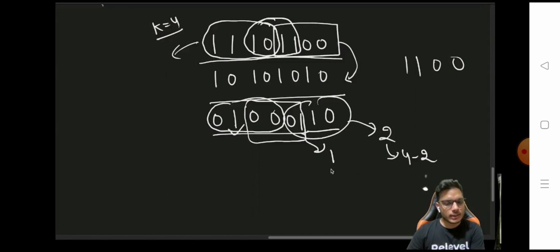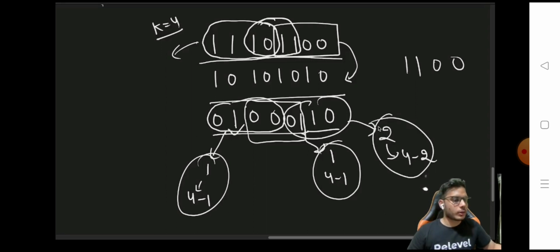In this scenario, it will be 4 minus 1, and in this scenario, it will also be 4 minus 1. You can take the minimum of it and resolve that. So if you see, the number of ones here is actually your answer for any substring, right?